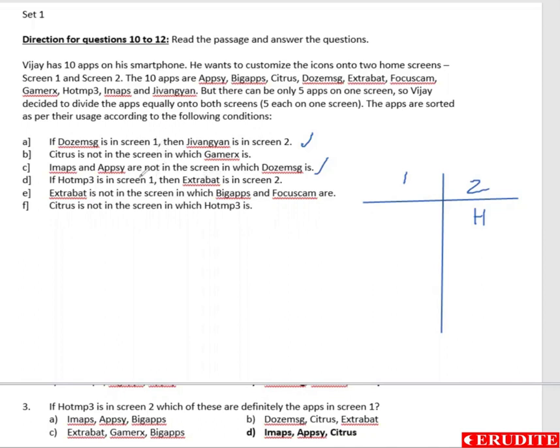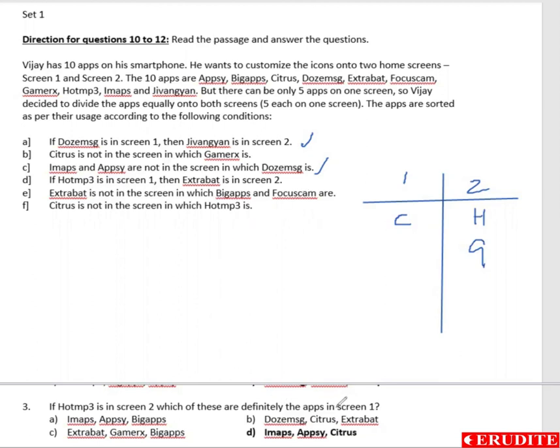So C is here. C is not with G, so G is here. B and F together. E is indifferent.